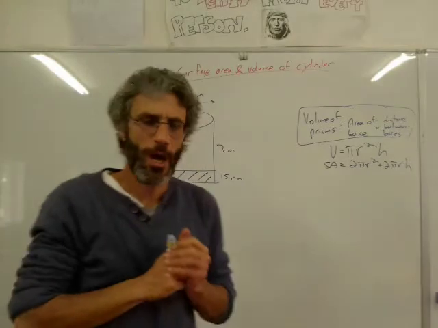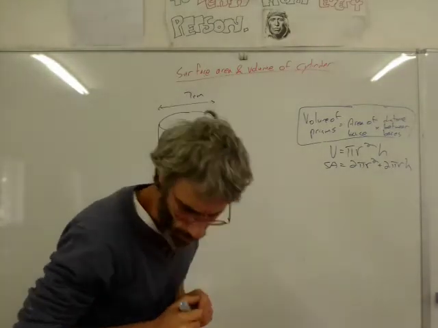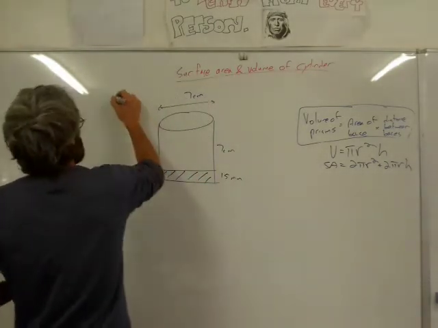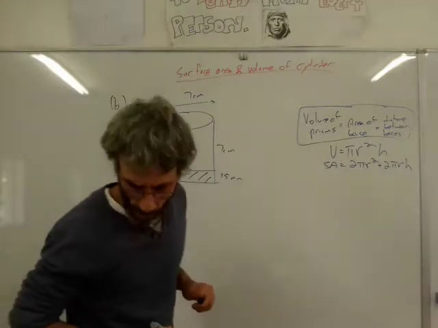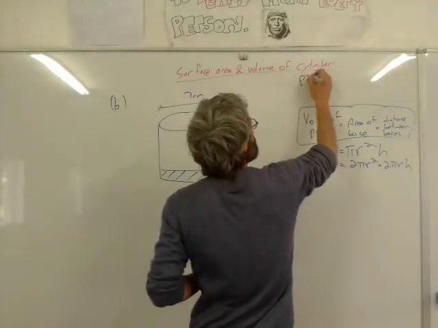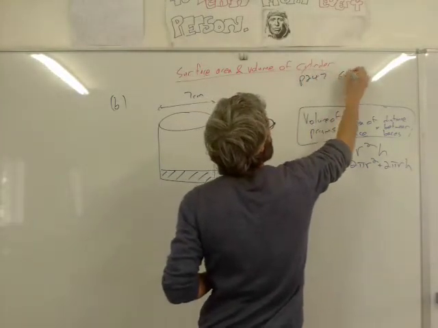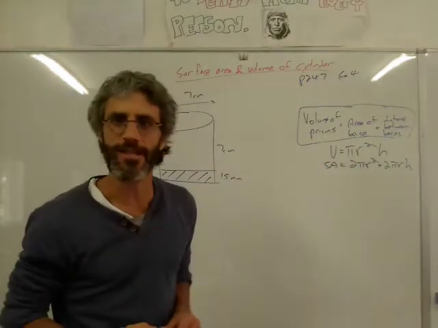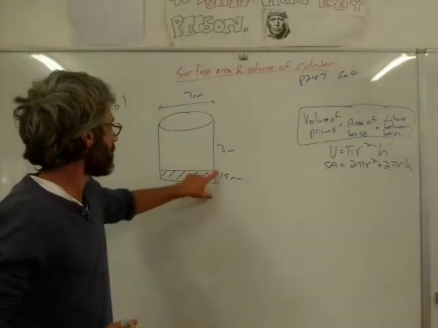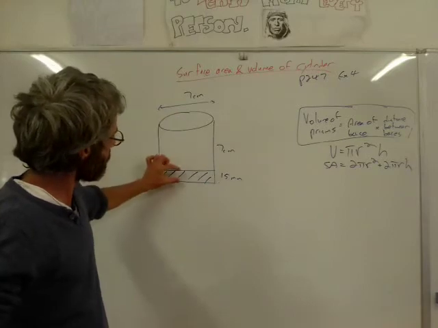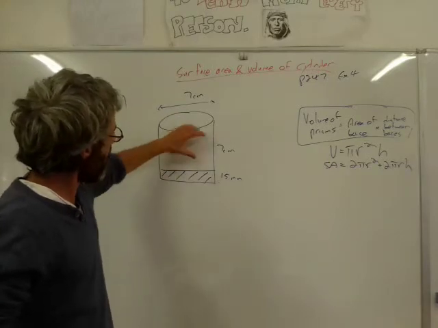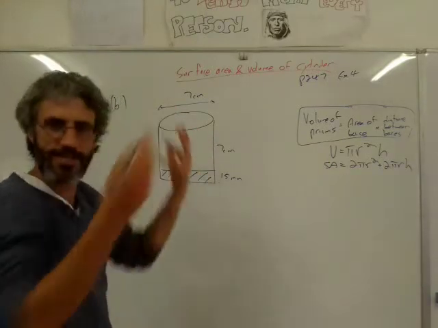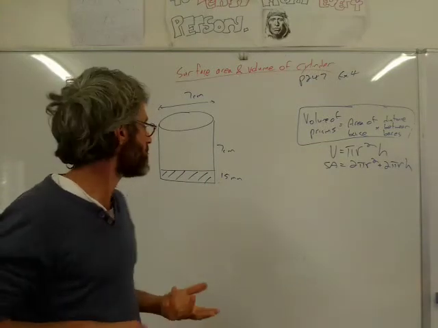So now the next question I'd like us to do together is B. We are, by the way, on page 247, exercise 4. So we've got a glass. It has a base filled with glass, and this bit here inside is empty, so that's where we can put the water in.